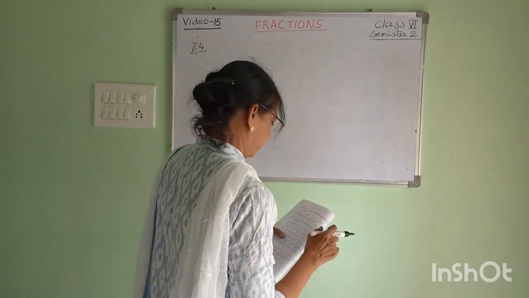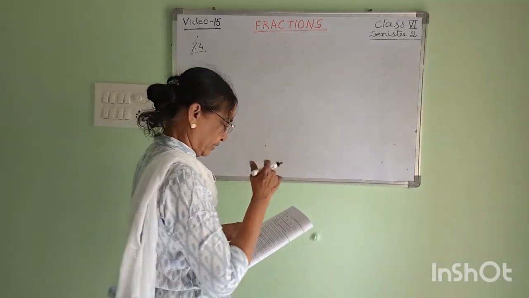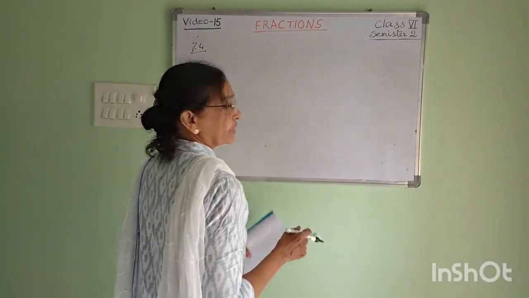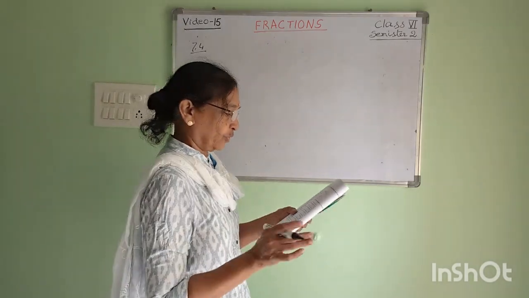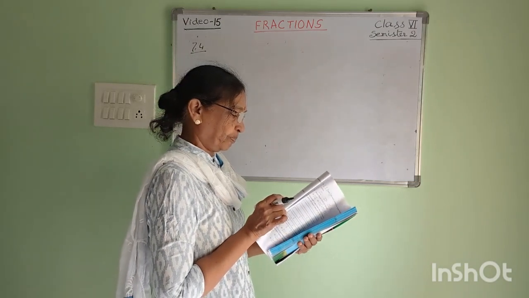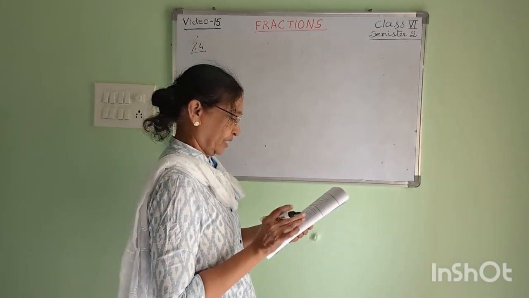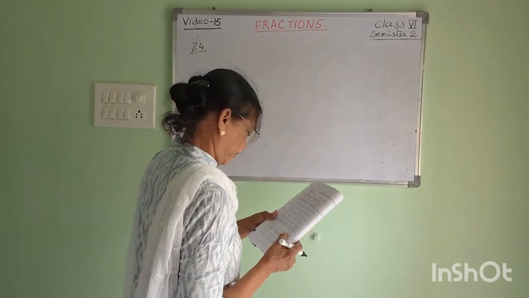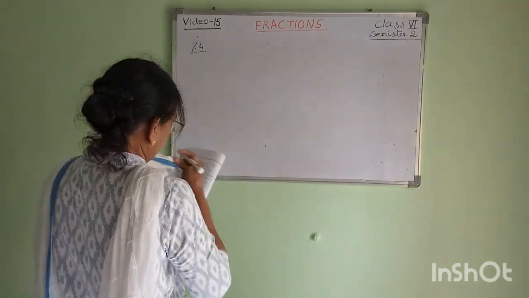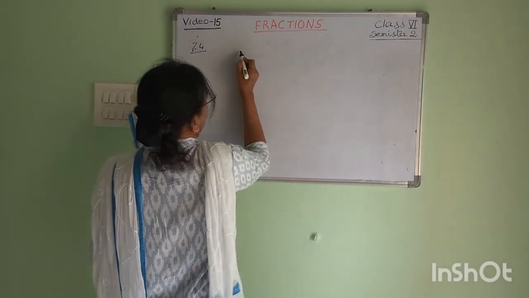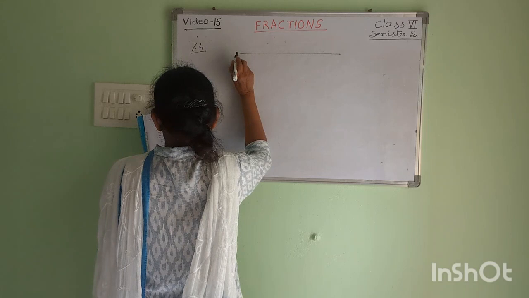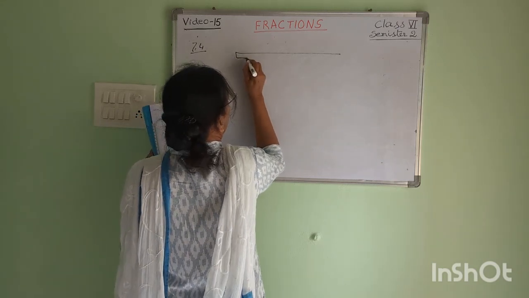Next, the fourth. Problems 2 and 3 we have done previously. In the fourth, look at the figures and write less than or greater than or equal to between the given pairs of fractions. Look at the figure. A figure is given here, just like a number line or a rectangle.